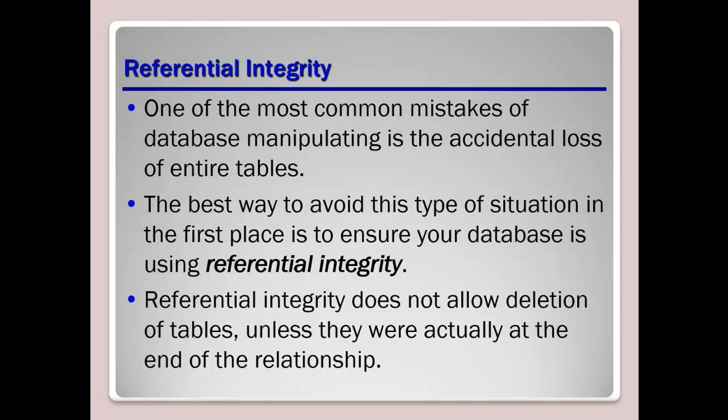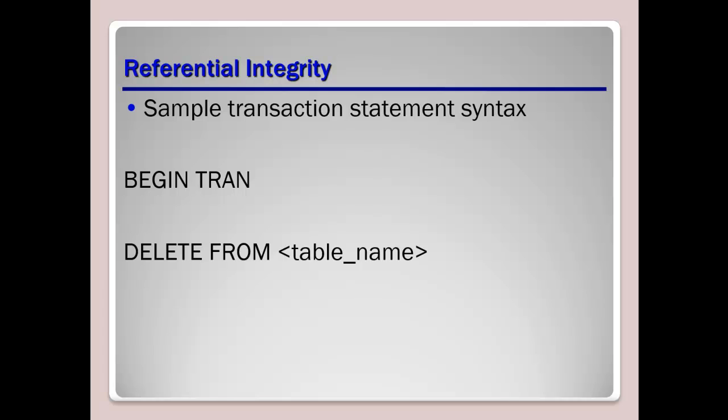Inserting a simple begin tran before an actual SQL statement is a good place to start, and if you have executed everything correctly, a commit statement is used from SQL to force those changes. Now, if there is an error in any of the statements, a rollback can be issued from SQL to undo those changes. So we'll take a look at the sample transaction statement here.